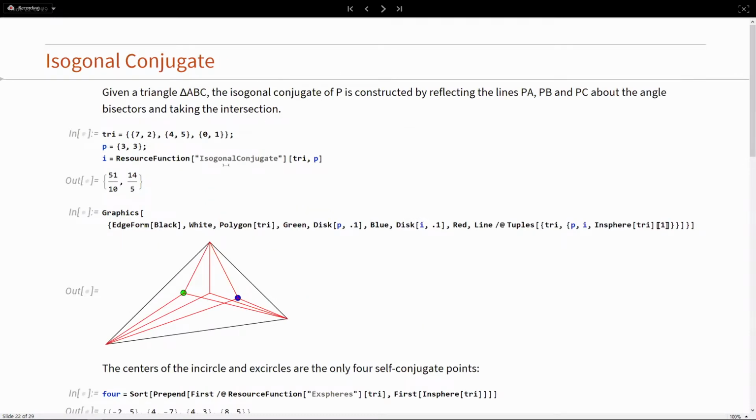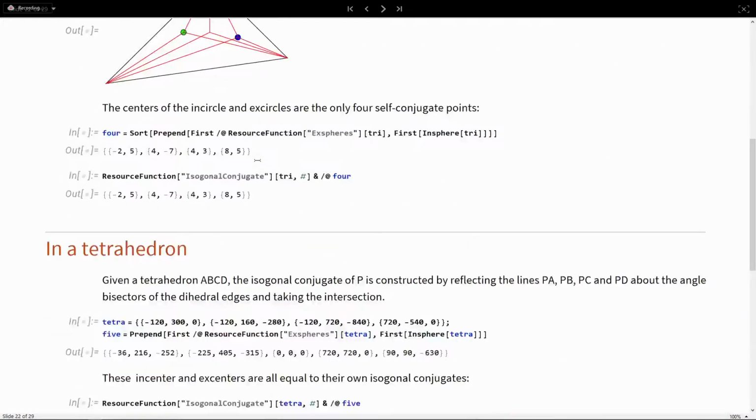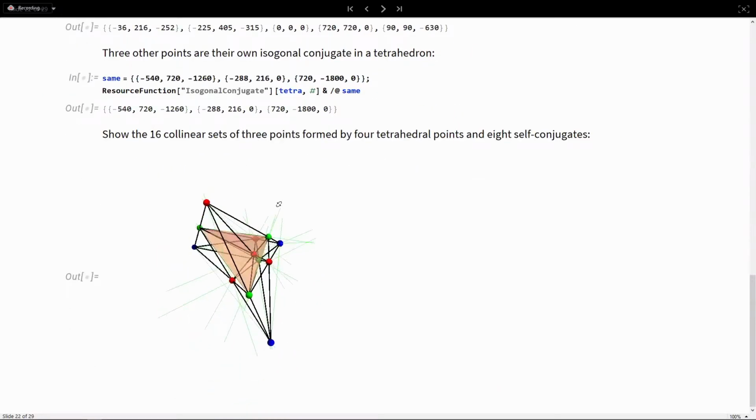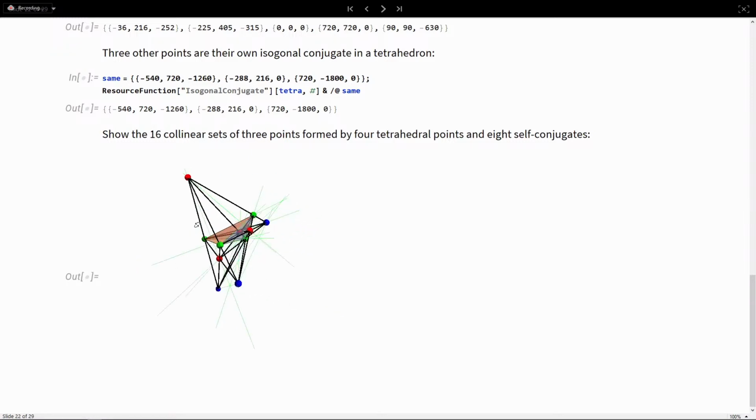We also have a isogonal conjugate resource function. I'm going to be adding a isotomic conjugate resource function soon. And they work with both a tetrahedron and a triangle.